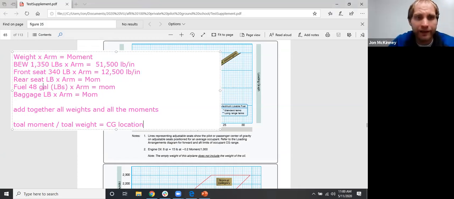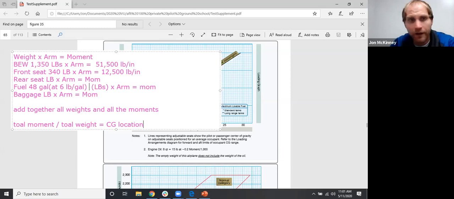We know that fuel weighs 6 pounds a gallon. So 48 gallons times 6 pounds a gallon is going to leave us with a pound. Where's my calculator? Best thing to do is usually type these in so you don't screw up the math too bad.